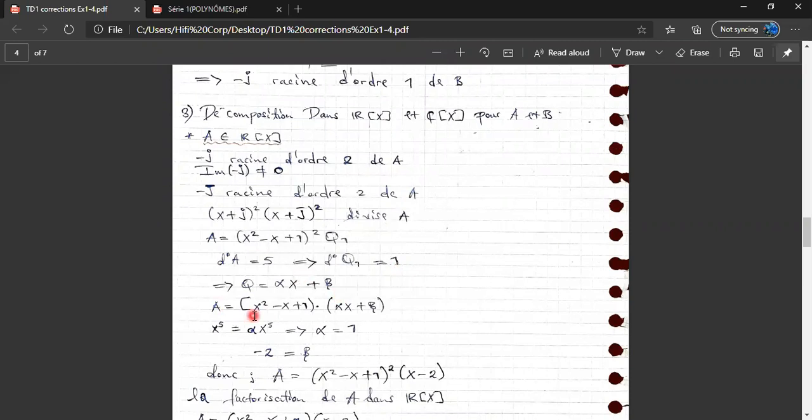So our R of x is going to be equal to x squared minus x plus 1 squared times alpha x plus beta. I forgot a square here. This is the equation. You get your coefficient here.